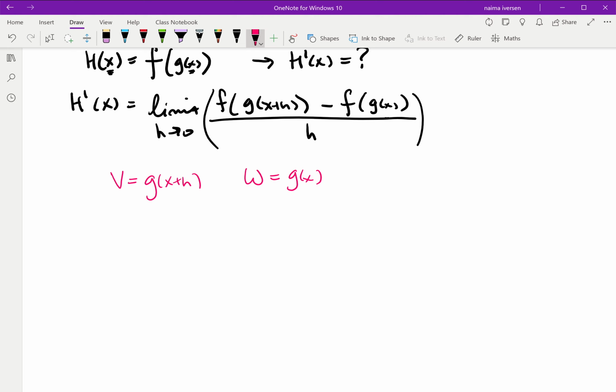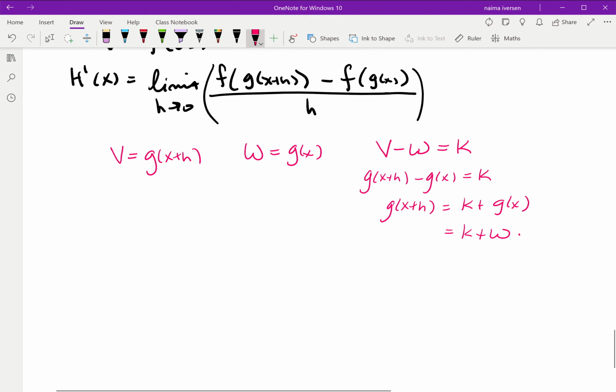Okay, and I'm also going to say v minus w is equal to k. So if that is the case, then we get g of x plus h minus g of x is equal to k. Or if you want, g of x plus h is equal to k plus g of x, or k plus w.